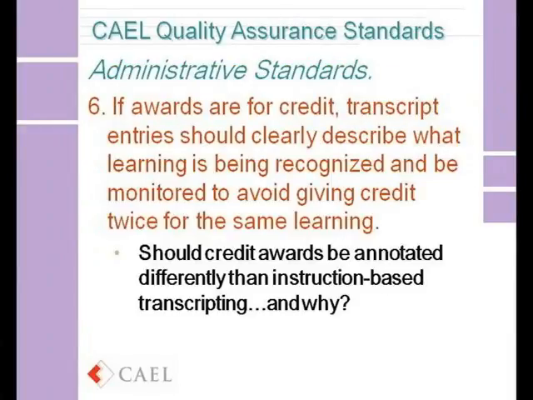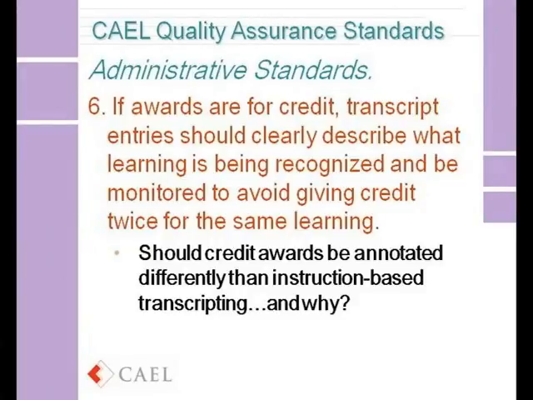And now we'll turn to the administrative standards, standard number 6. If awards are for credit, transcript entries should clearly describe what learning is being recognized and be monitored to avoid giving credit twice for the same learning. So duplication of credit should be avoided.